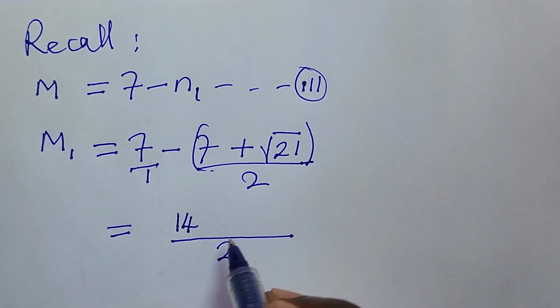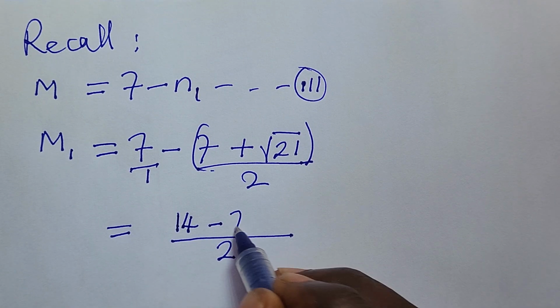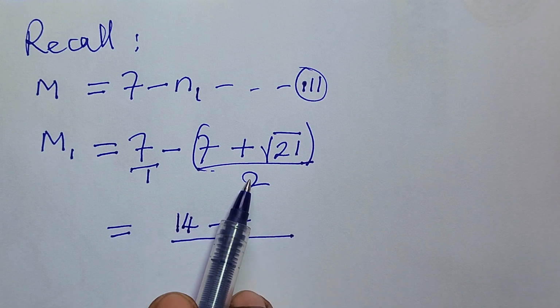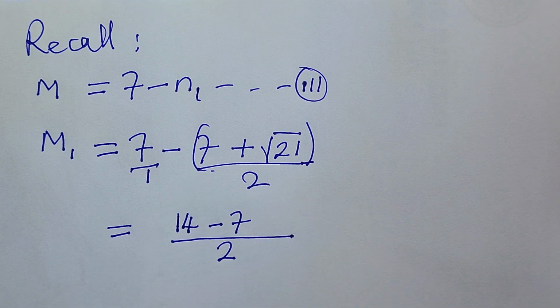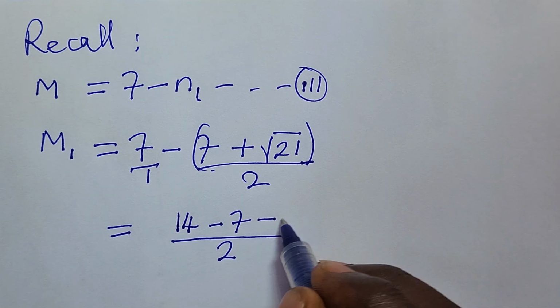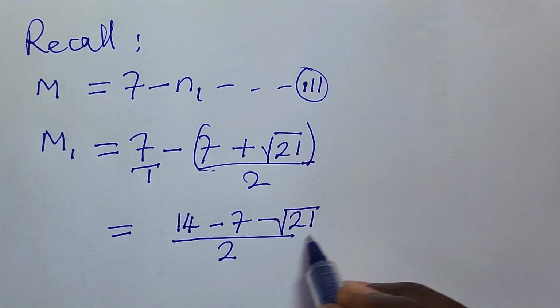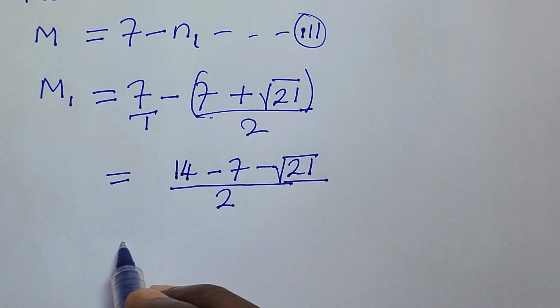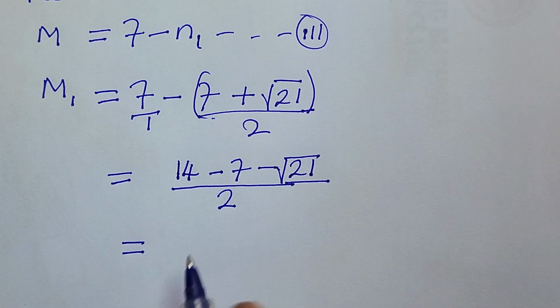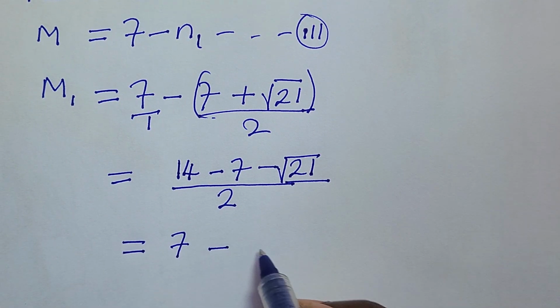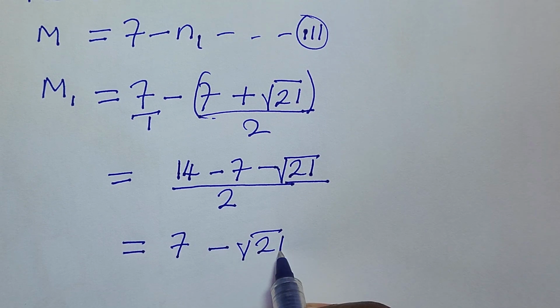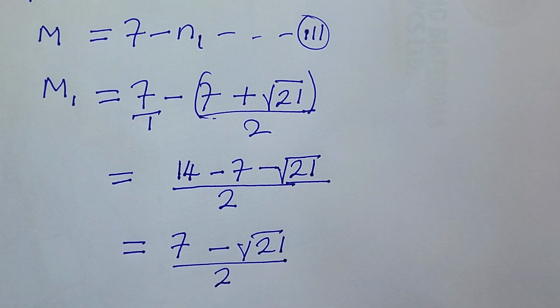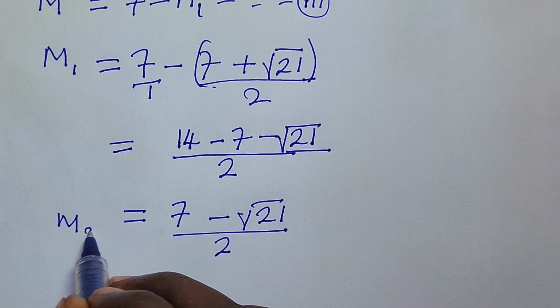We have 14 minus 7, because 2 divided by 2 gives us 1, and 1 times everything here still gives us this. So we have minus 7 minus the square root of 21 all over 2. If we simplify, this gives us 7 minus the square root of 21, all over 2. So this is our m1.